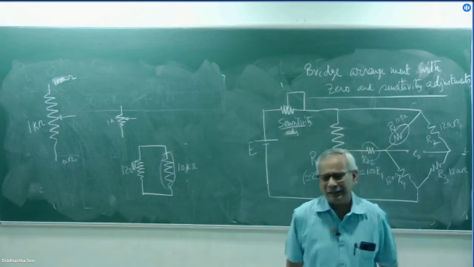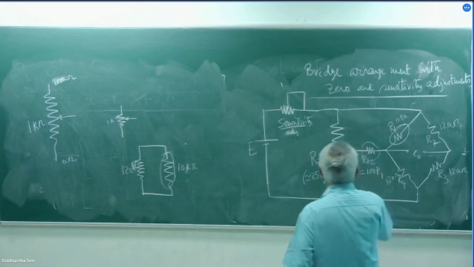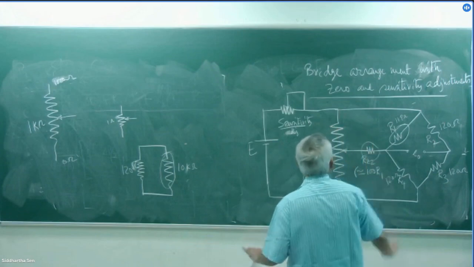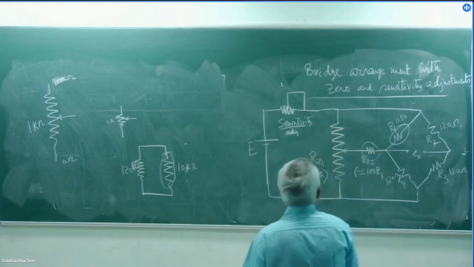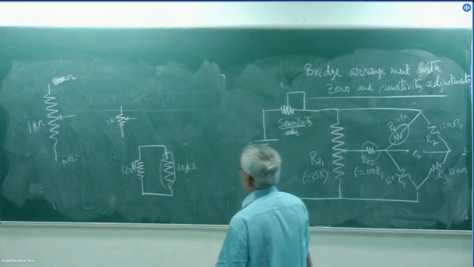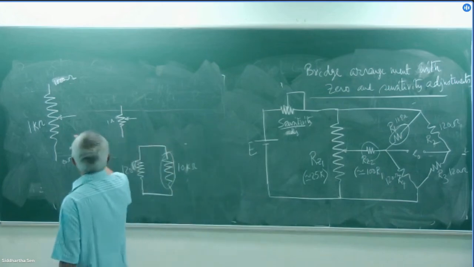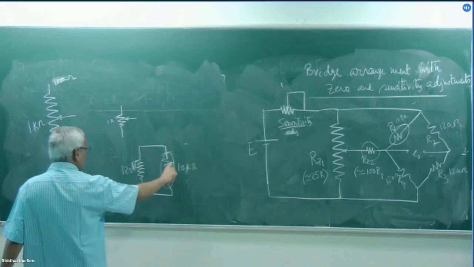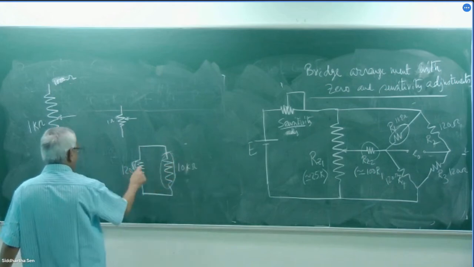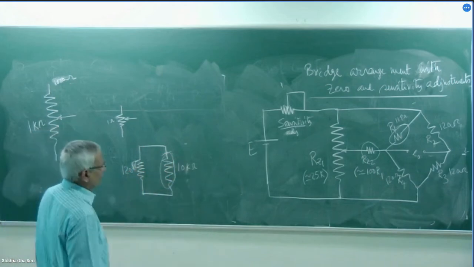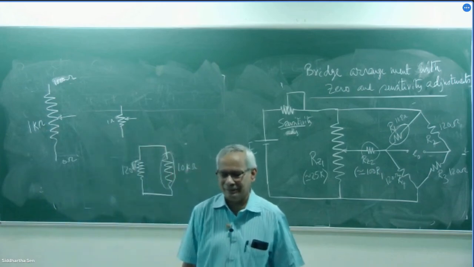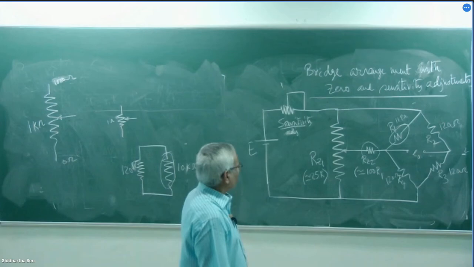You can do the detailed analysis by converting into star and delta, but I don't need it right now. My point is the same logic as I told: if we put a high resistance in parallel to any resistance, we can very precisely adjust the value of the resistance. Is it clear?